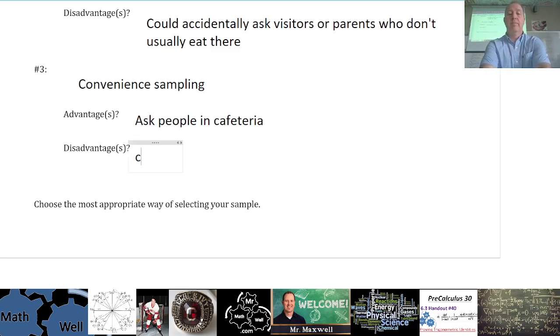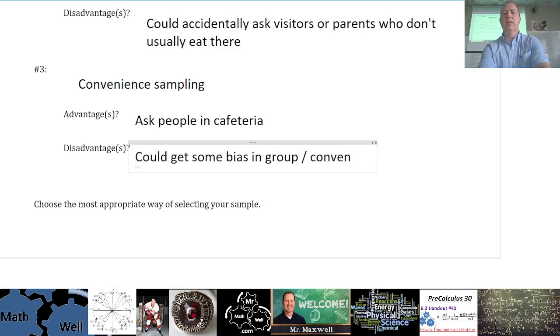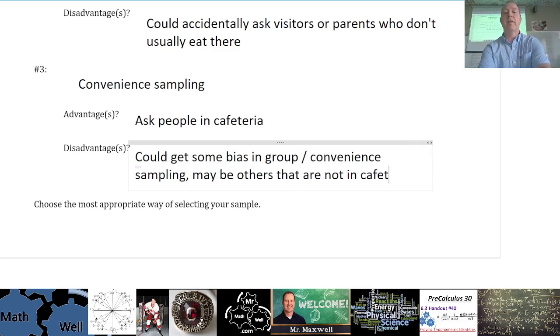So I guess you could get some bias in the group. And there may be others that are not in the cafeteria that day that could really have a good opinion. So something like that. Those are just some examples, right?